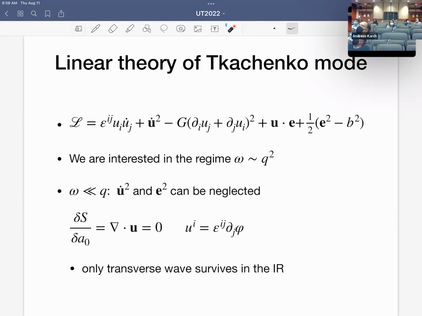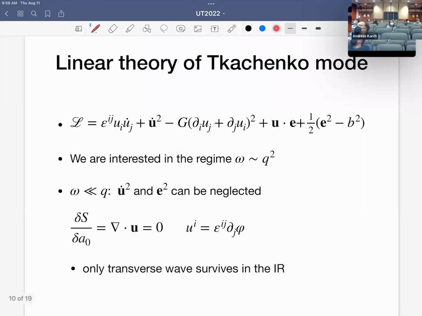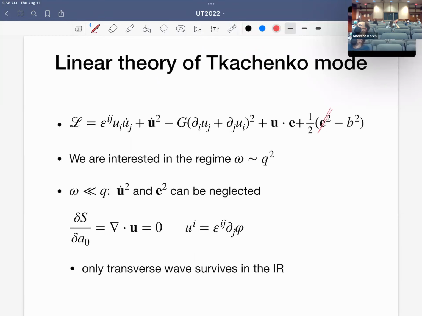When omega is much smaller than q, some simplifications happen. First of all, this E squared term can be crossed out because E is a dot, so E dot squared is much smaller than the gradient of E squared, because the time derivative is omega and it's much less than the spatial derivative.